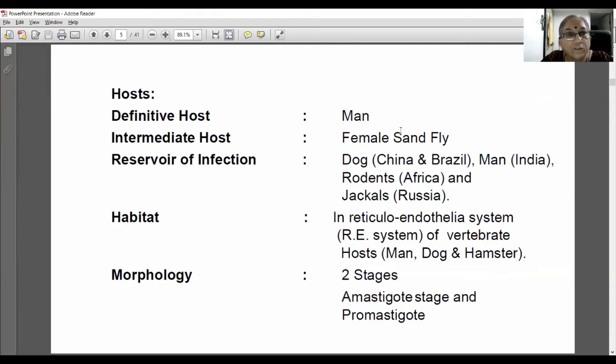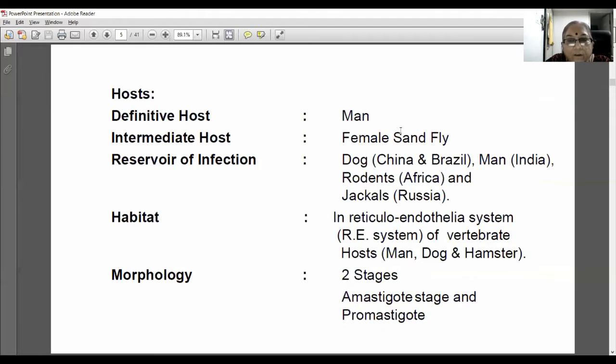The habitat of this parasite is the reticuloendothelial system of vertebrates, that is, when the host is man, dog, and hamster.